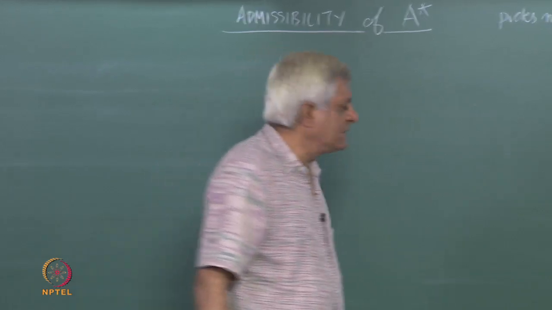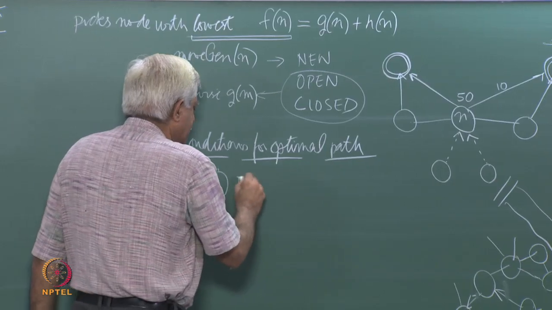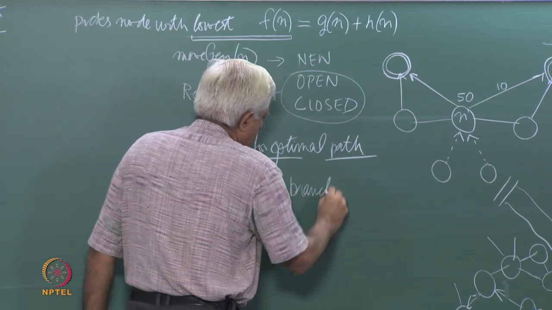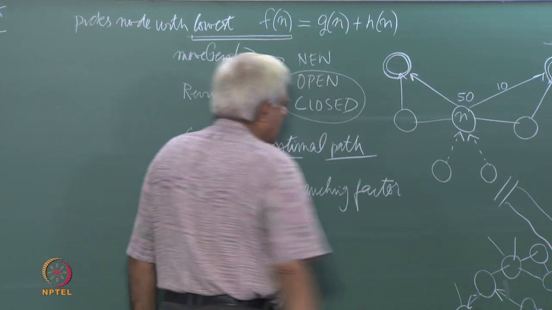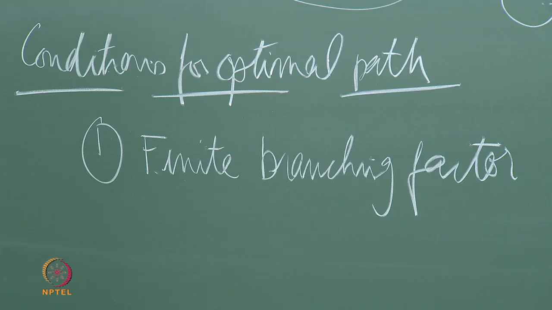The first condition is finite branching factor. Every node will have a finite number of children essentially.